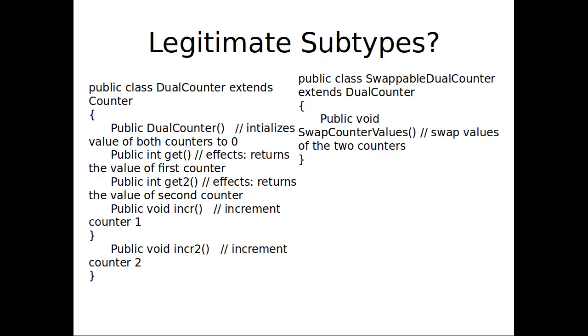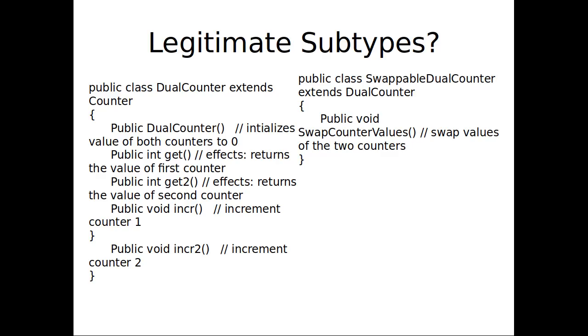If you had a dual counter secretly being treated as if it's a counter, it would behave perfectly reasonably. Secretly under the covers, it's a dual counter, but you don't know it. Somewhere else in the code base, it could be calling get 2 and increment 2. It wouldn't bother the functionality of the counter. Perfectly legitimate, perfectly fine, perfect behavioral subtype.